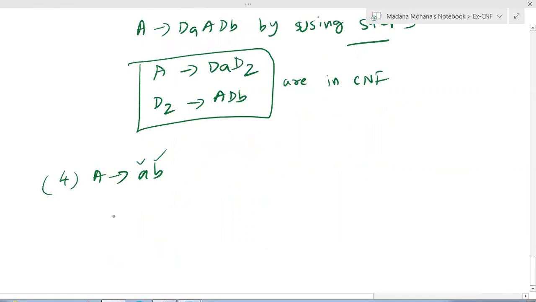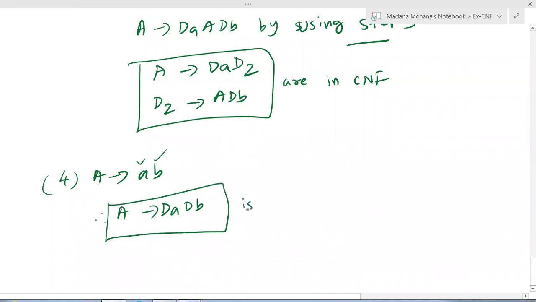So directly you can substitute. Therefore, A derives D suffix A, then D suffix B. Here no need to write again D suffix A derives A, D suffix B derives B. Why? Because in the above you already mentioned these productions. Therefore, this is directly in the required form. It is in Chomsky normal form. Why? Because two variables are there on the right hand side.